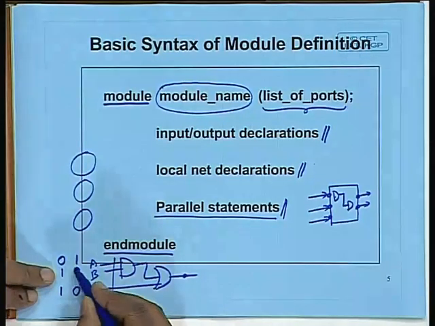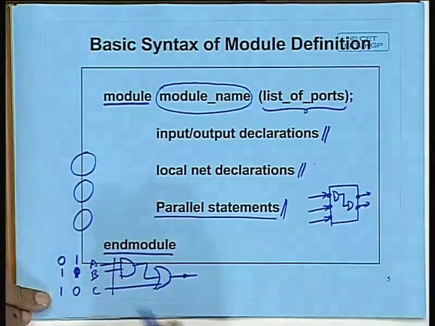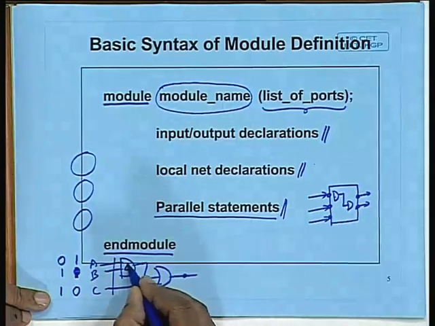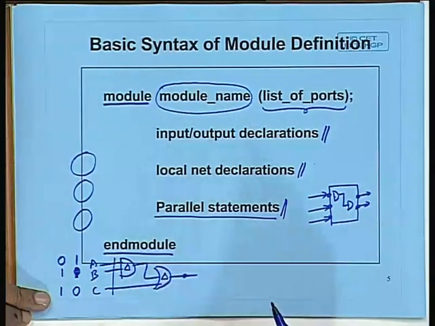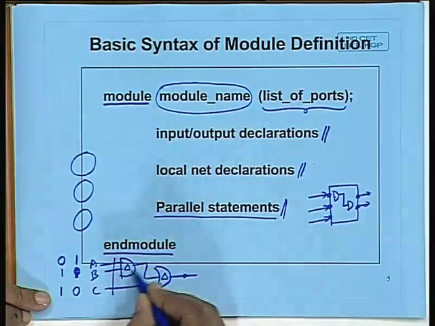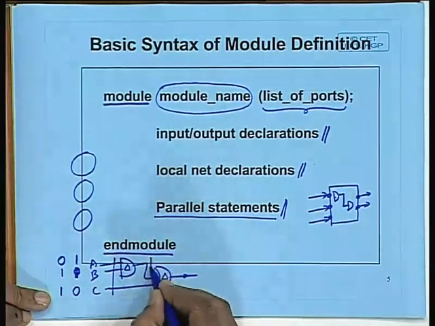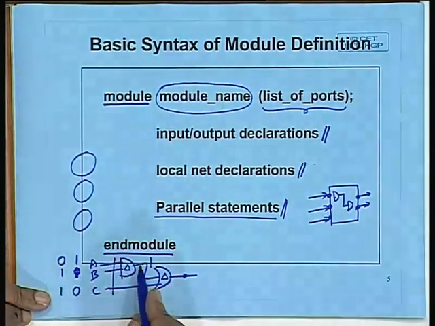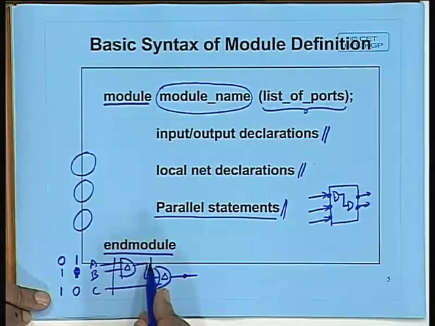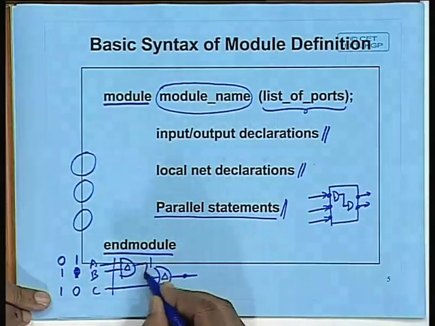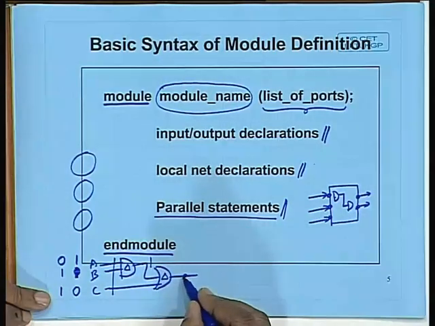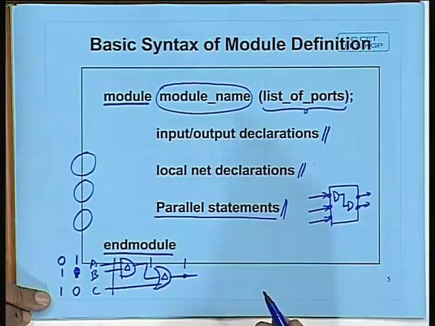These values are changing together. Just assume each gate has a delay of delta. After a time delta, the output of the AND gate, which was 0 earlier, will change to 1. Now this value was 1 already, so the output of the OR gate is still 1.